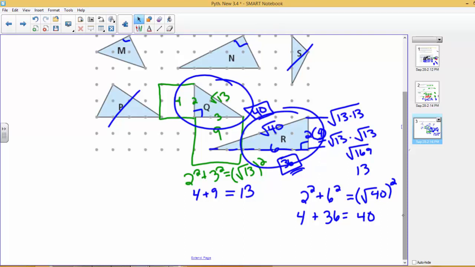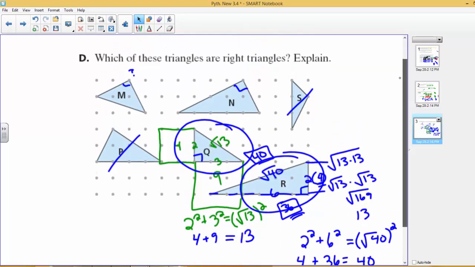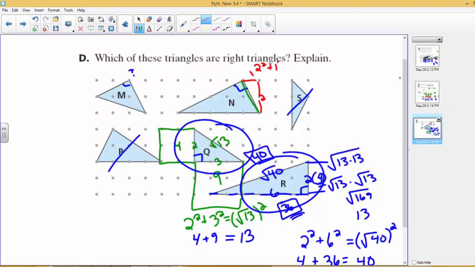Now, the other two are going to take a little bit more work, M and N. Let's look at N. So this side length is made from this triangle, which is a 1 by 2. So again, 2 squared plus 1 squared is 5. So this diagonal green length is the square root of 5.